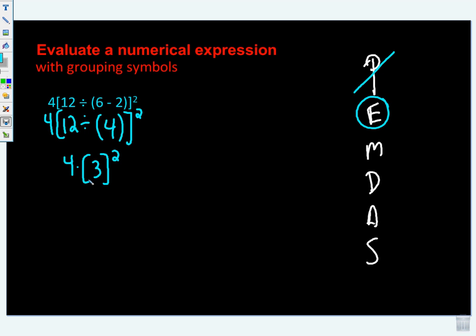It could be really easy to make the mistake of multiplying 4 times 3 and then taking it to the power, but don't forget that our order of operations asks us to do otherwise. So 3 to the second power leaves us with 9. And then we'd go ahead and multiply by 4, leaving us with a total of 36.